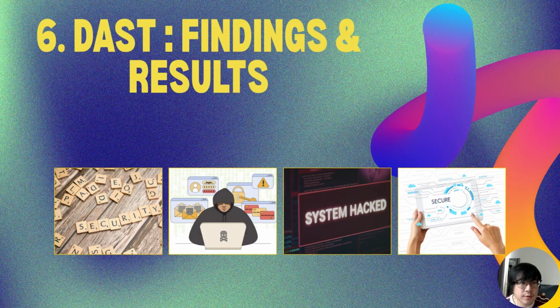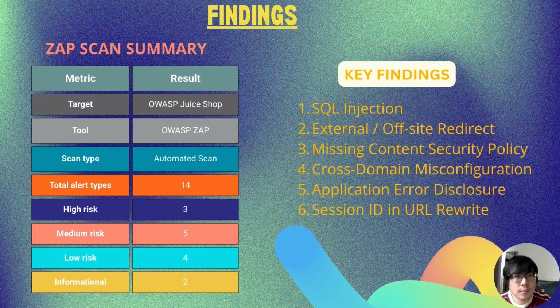The next part shows the findings and results from the ZAP scan. The ZAP scan found 15 alert types in total. This included 3 high-risk findings, 5 medium-risk findings, 4 low-risk findings, and 2 informational findings.